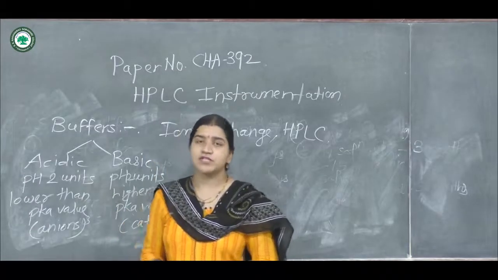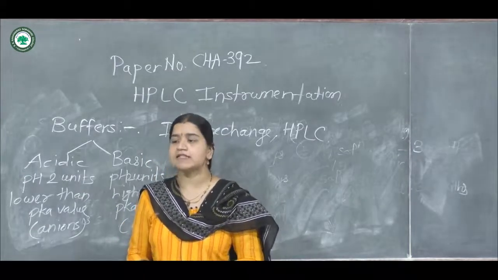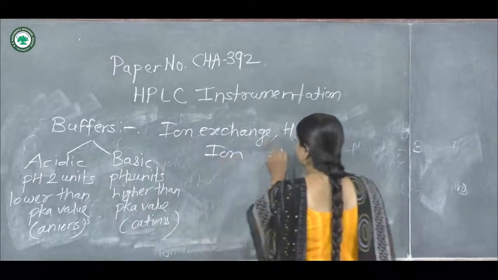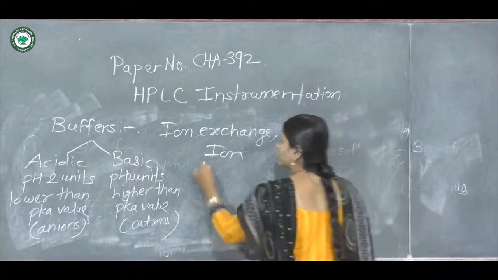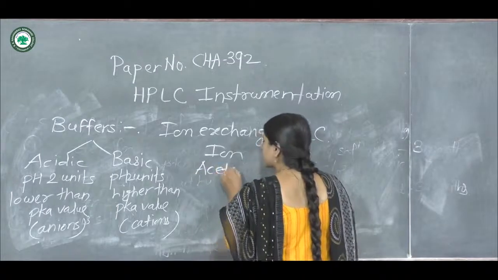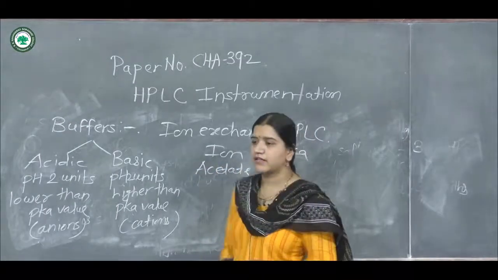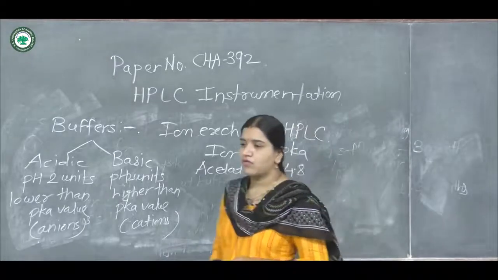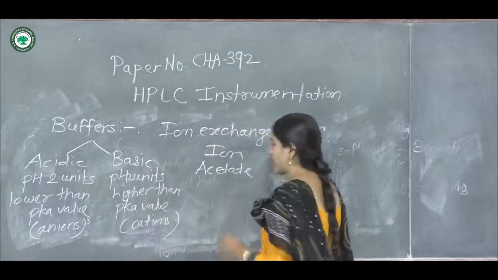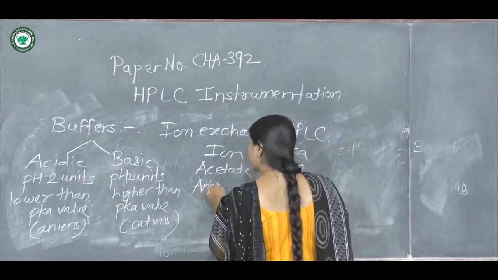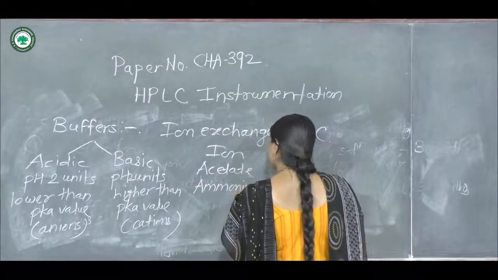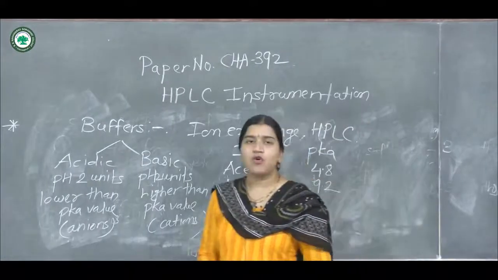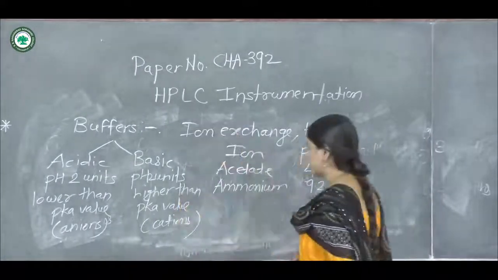So we will just see the different types of ions and their pKa value. For acetate ion, it is 4.8. For ammonium ion it is 9.2. Then for borate ion again it is 9.2.